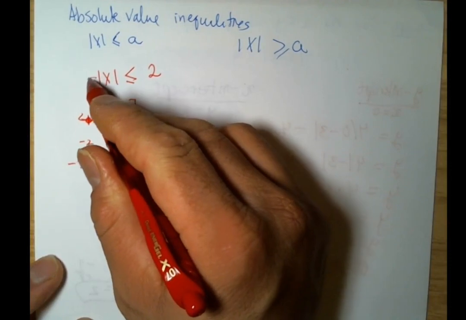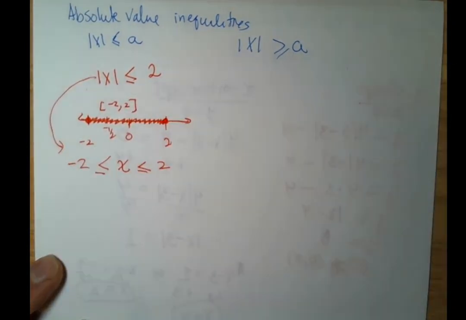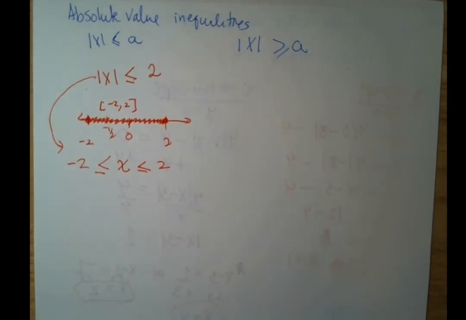So I can rewrite this absolute value as a 3-part inequality without the absolute value, because that'll be helpful when we want to solve for x. That is the approach that I'm going to take.